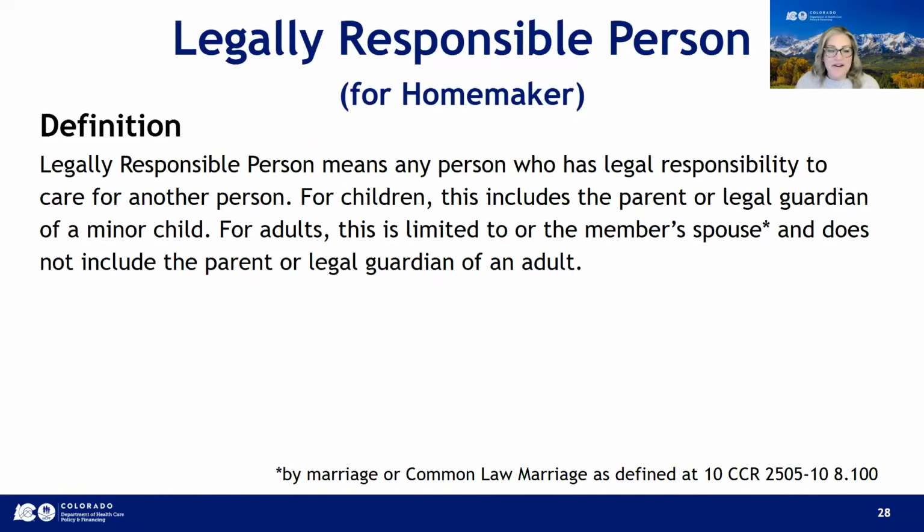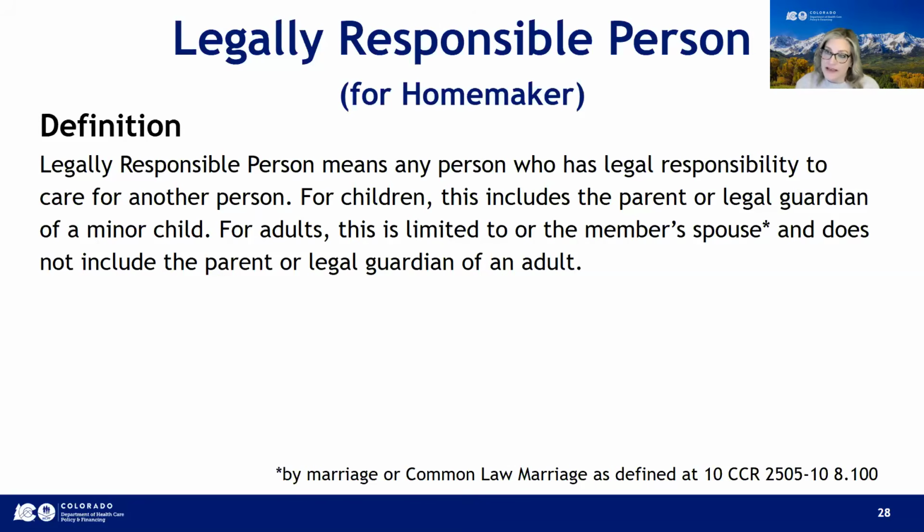All right, another term that we need to discuss when we talk about homemaking is legally responsible person. This is another term you should be familiar with. We haven't changed it, but we've helped you understand it a little bit more here. This came out with Community First Choice. Legally responsible person means any person who has a legal responsibility to care for another person. For children, this includes the parent or the legal guardian of a minor child.